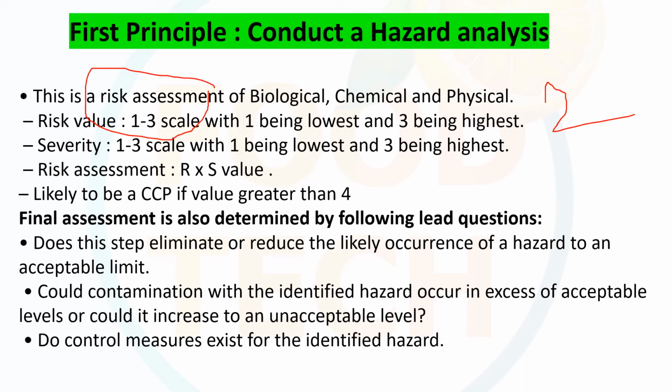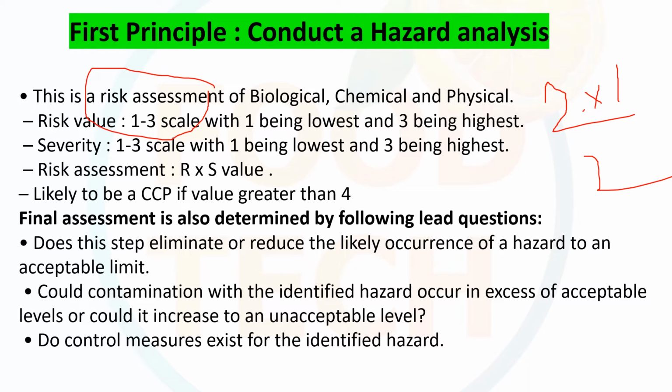The risk assessment value is the product of risk and severity, so the two are multiplied. Suppose the risk value is 2 and the severity is 1, it will be 2 into 1, which gives you 2. So 2 is the total risk assessment value. But the maximum risk value can be 3, and 3 into 3 is 9.